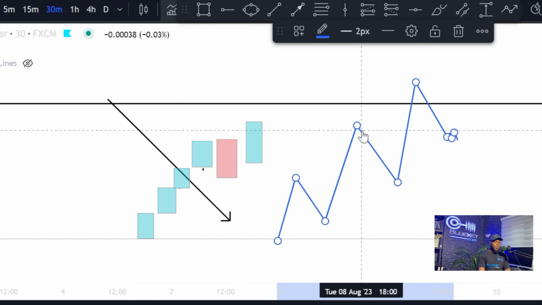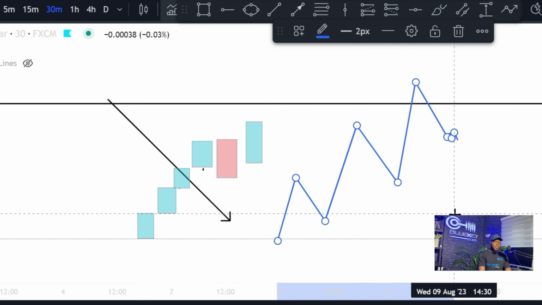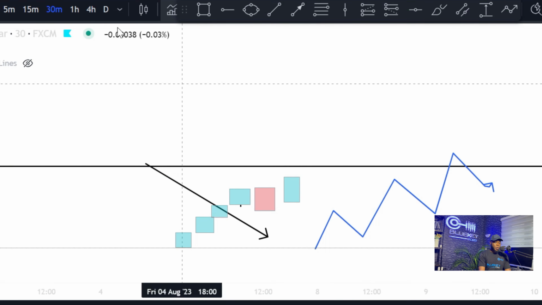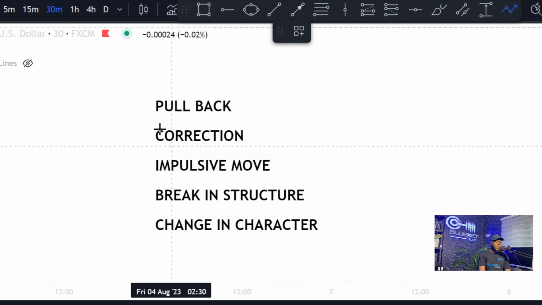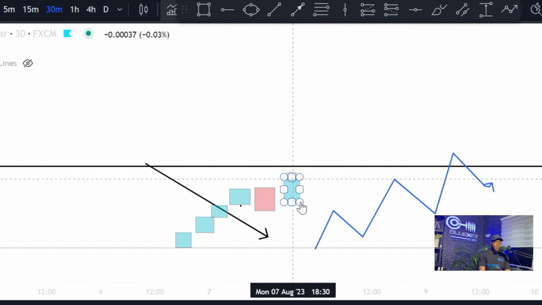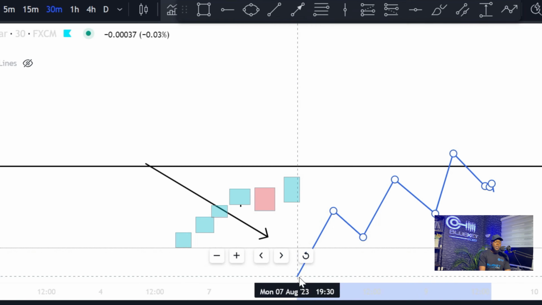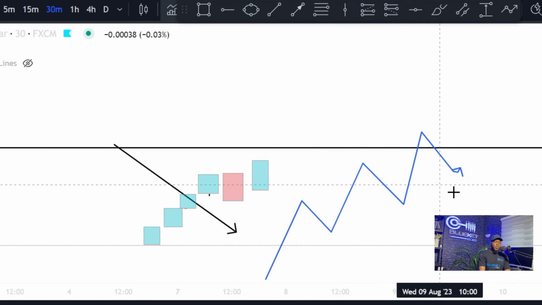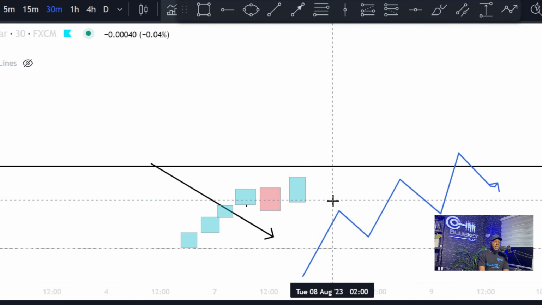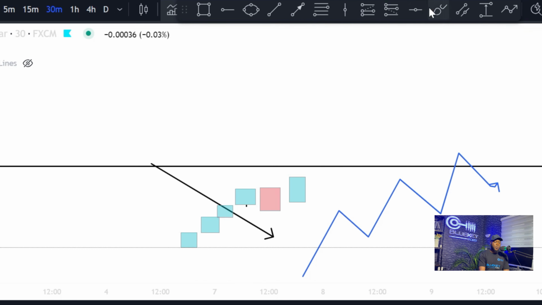Because of time, I wouldn't want to make this video too long, so let's proceed to the next one. We've talked about pullback and correction, and now impulsive move. The impulsive move is basically what we just talked about, where we have strong bullish moves like this, because obviously this is an uptrend, so these moves are impulsive to the upside. And then when we have something like this, we see bearish impulsive moves.